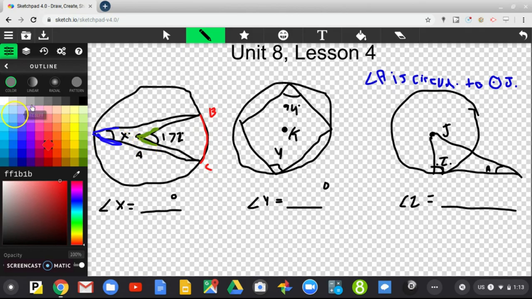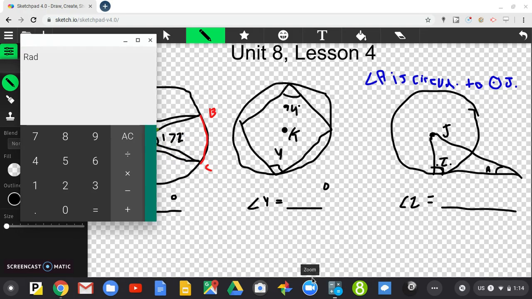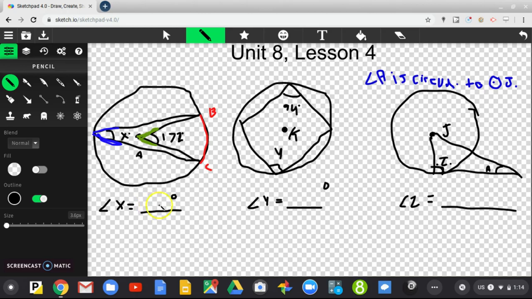So that means that X has half the measure. So we can divide this by 2 to see what we get. So 172 degrees divided by 2, that's 86. So we find out that X equals 86 degrees.